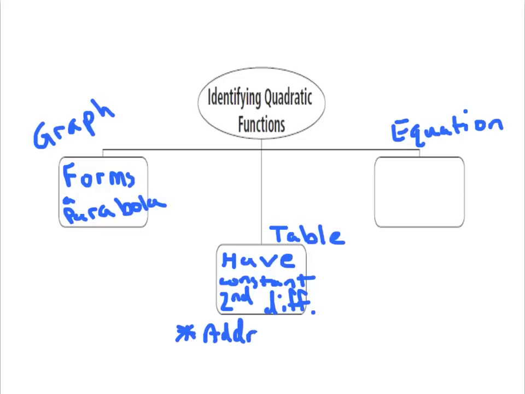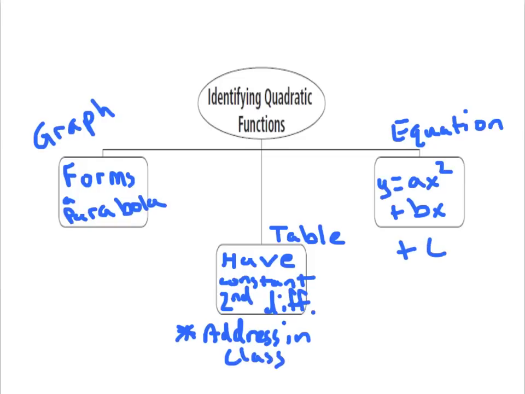Address in class. And then the last one is the equation. And we saw at the very beginning that the equation can be written as y equals ax squared plus bx plus c. And that's how we know if it is a quadratic function or not.